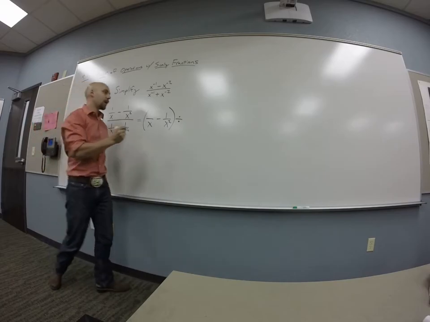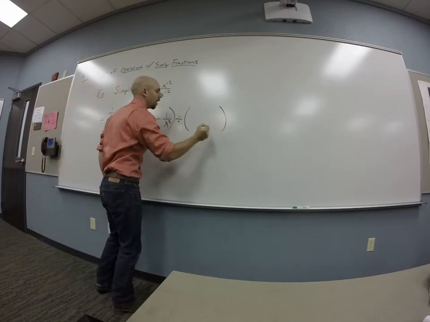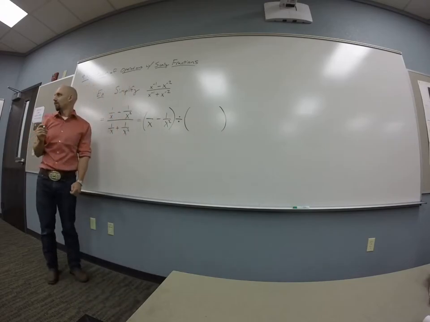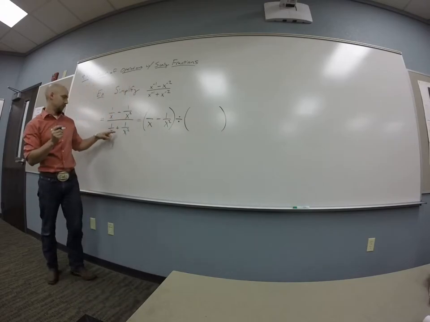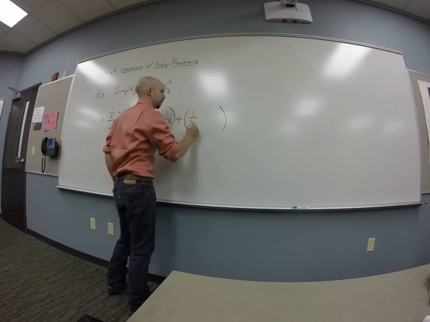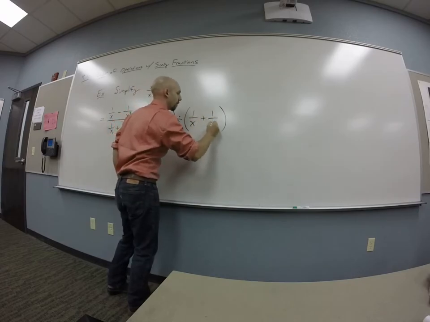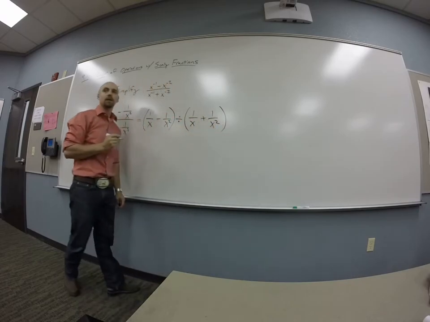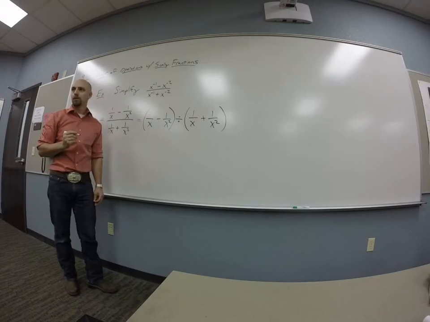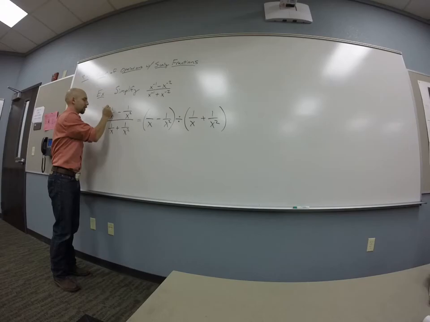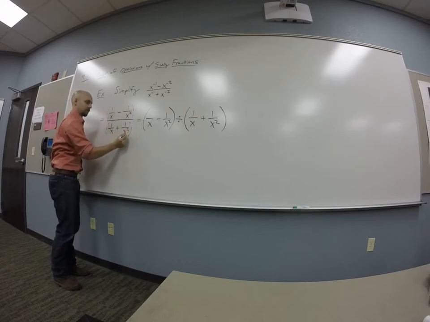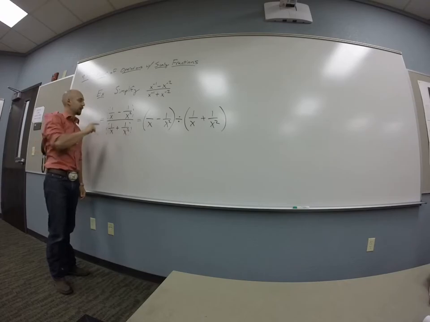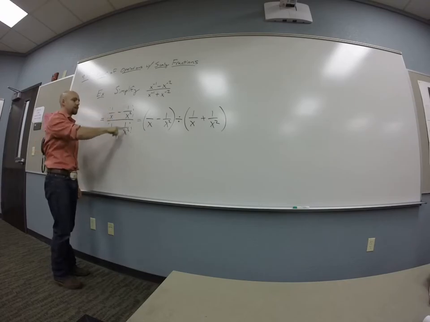Then I have to divide by the whole thing: 1 over x plus 1 over x squared. The bottom part, right? You guys cool with that? That's really what I meant here. There were kind of implied parentheses here. And I meant take this piece, divide it by that piece.